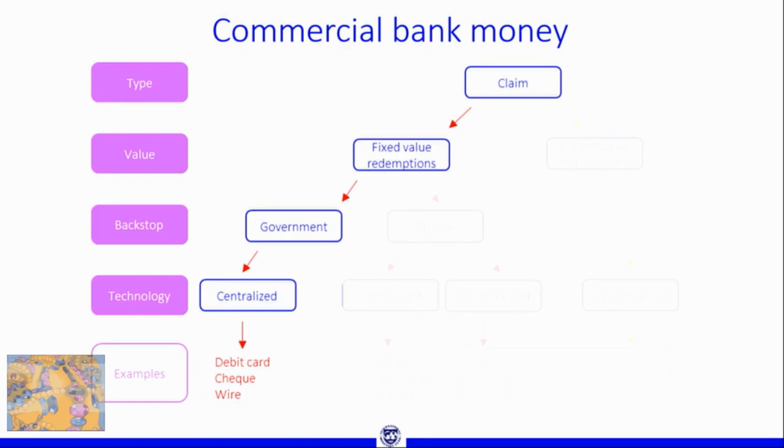If you use your debit card or a check, you know exactly what the value of your payment is. Typically, those payments are backstopped by the government with a discount window, because this is done through commercial banks that have discount window access, and they typically have deposit insurance. Furthermore, it's a centralized system.